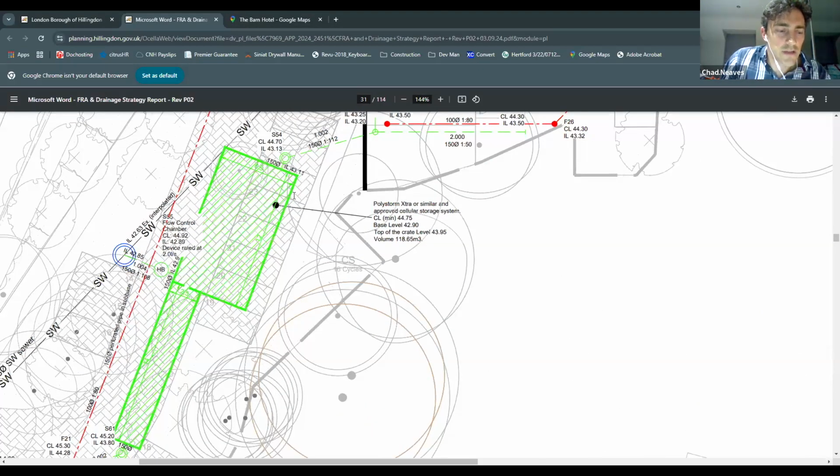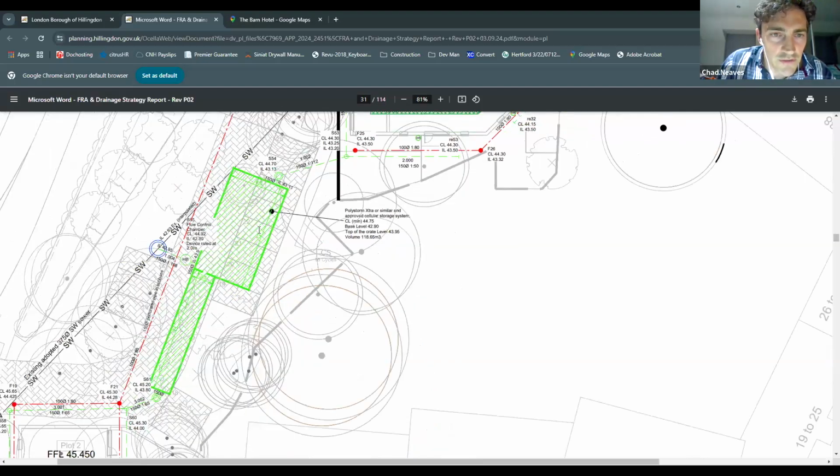Our surface drainage network feeds back to these areas where it's attenuated. That means it's collected, and the flows out of this storage into the sewer are slowed by hydro brakes, which are restricted orifices on the outflow pipes.